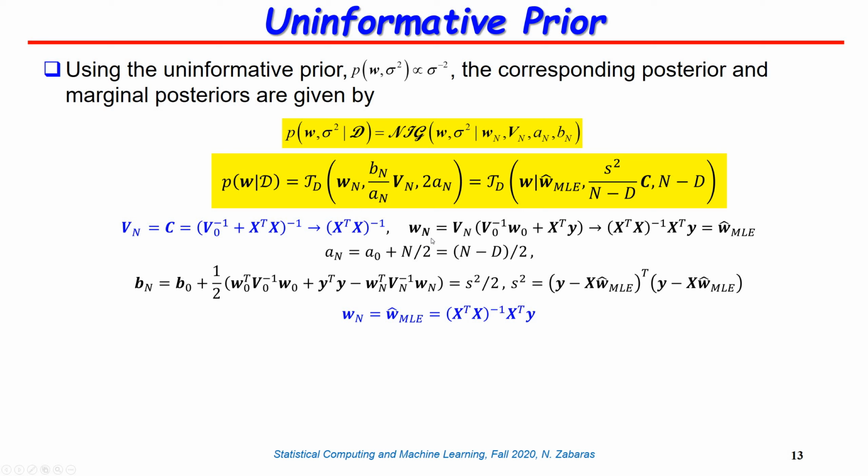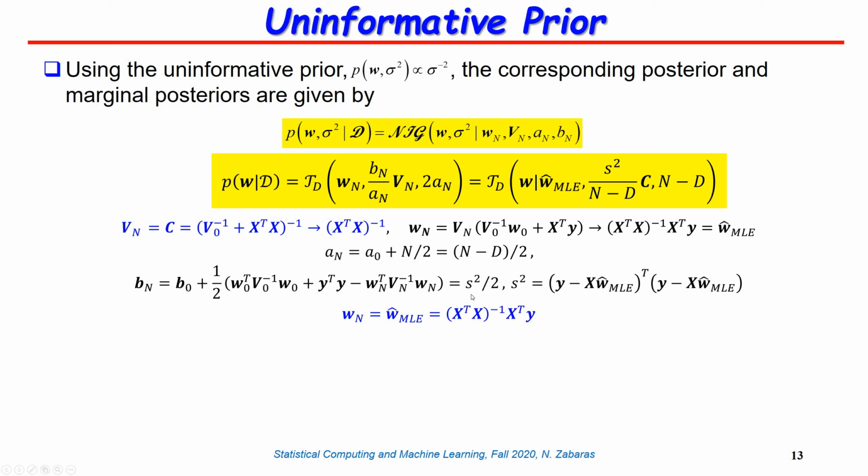The mean of my posterior turns out to be identical to the MLE estimate for W. If you substitute Vn to be X transpose X inverse, you actually do get the MLE estimate. An tends to be n minus d over 2, because A0 we selected to be minus d over 2 to get this prior.